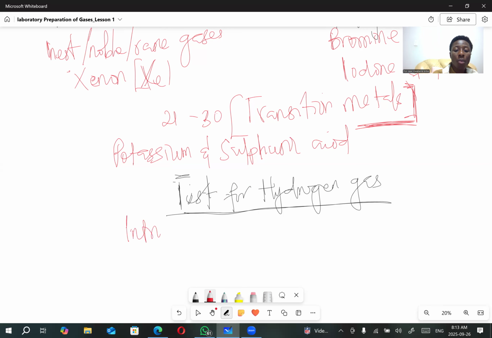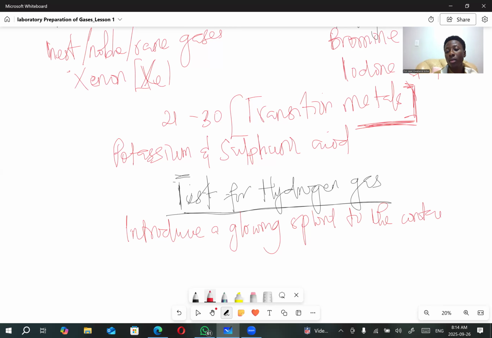Introduce a glowing splint to the container, or let's say to the beaker with the unknown gas.